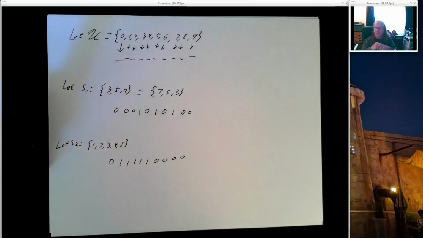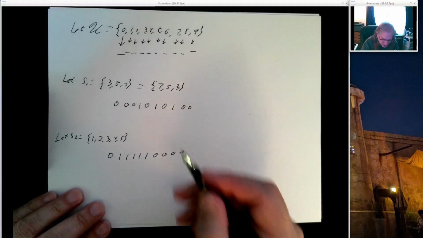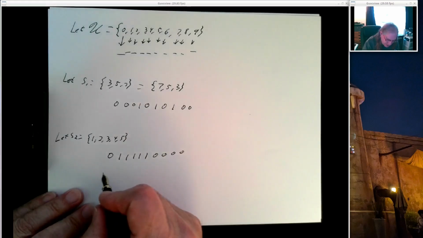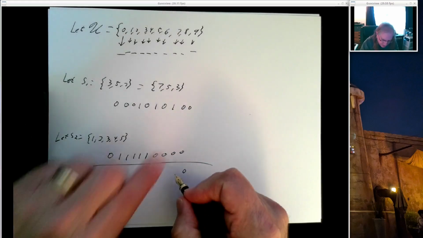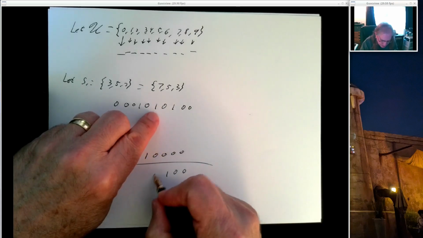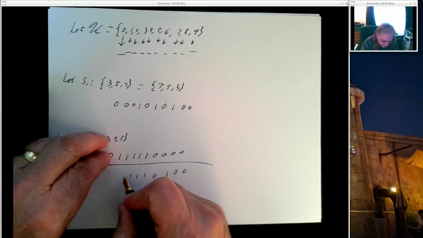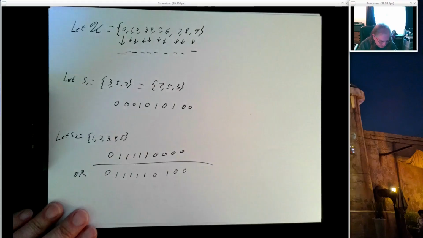Okay, this binary representation is really useful for computer representation of sets, because here's what we can do. If I wanted to do a union, I can just do a logical OR of these two strings. For example, if I OR these, I get 0, 0, 1, 0, 1, 1, 1, 1, 1, 0.